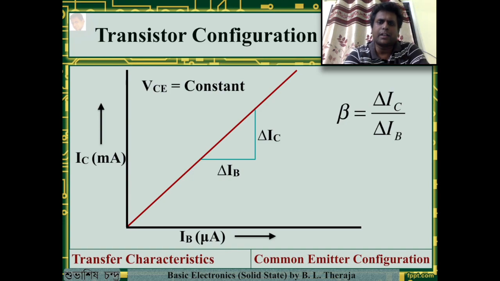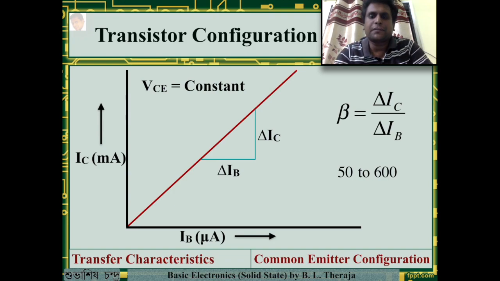Typical values of beta are from 50 to 600. We can see that beta is higher in CE mode, which is basically the common emitter mode, with respect to the CB mode, that is the common base mode, and wherever we require high amplification, we use common emitter configuration.